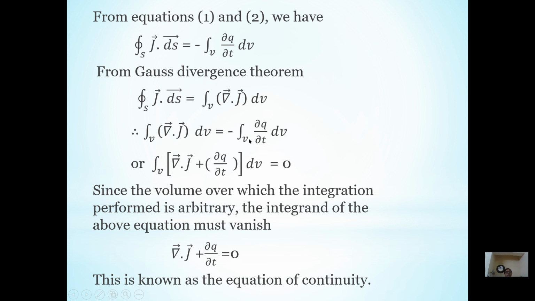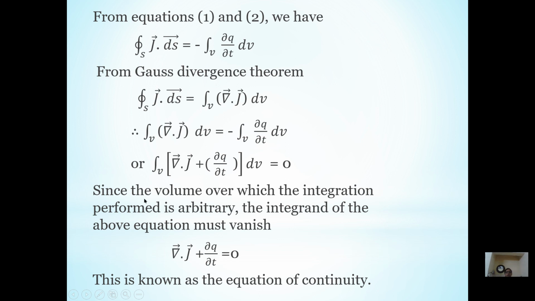When you have the same integral on both sides, you can get the terms on one side and take the total integral of those two terms. Then you can write the integrand as div J plus delta Q by delta T, and take the volume integral. So the volume integral of (divergence of J plus delta Q by delta T) dV is equal to 0.